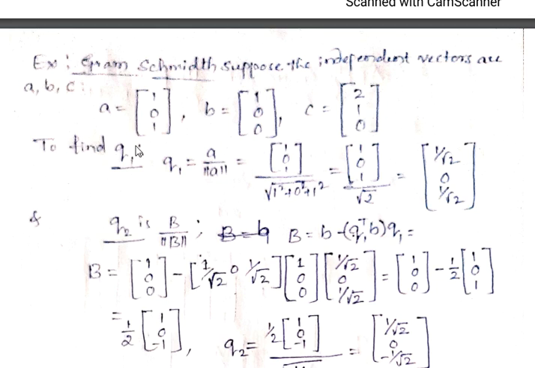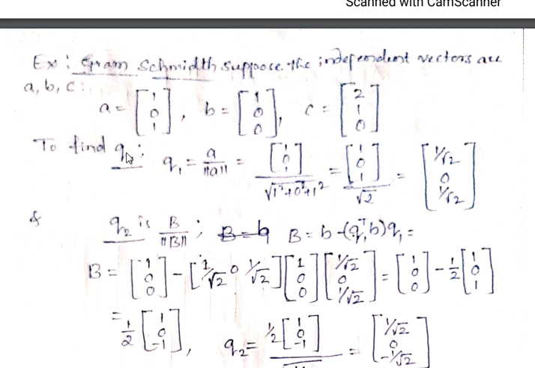We are asked to find Q1, Q2 and Q3. These are the orthonormal vectors for this A, B and C. So let's find what these would be.